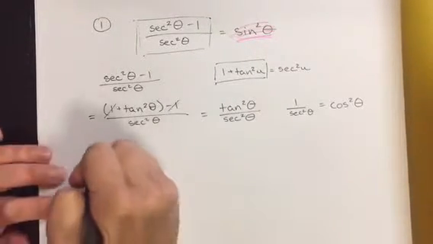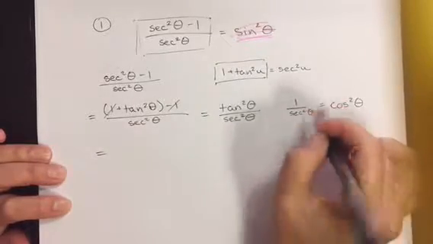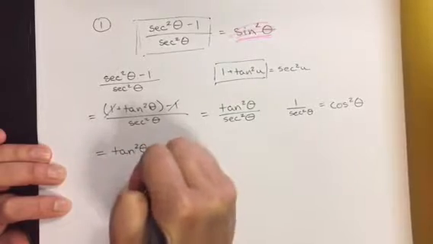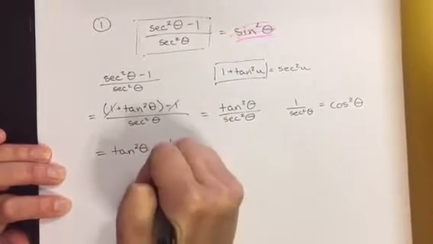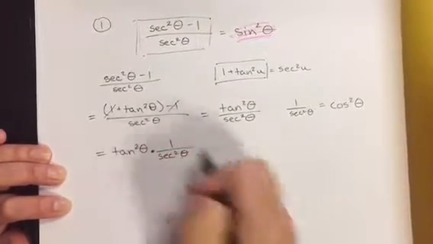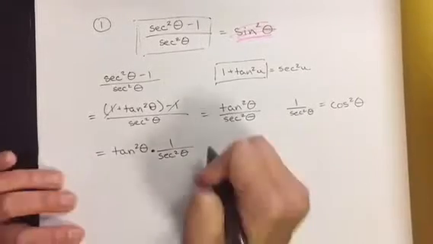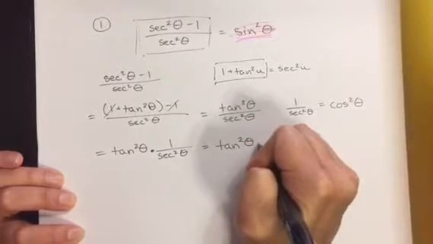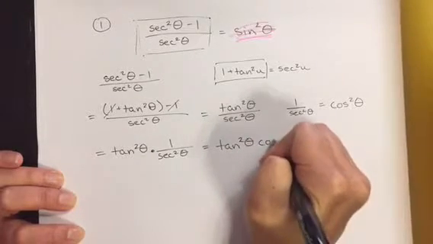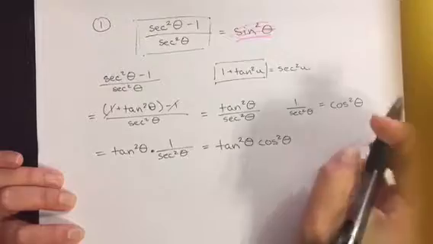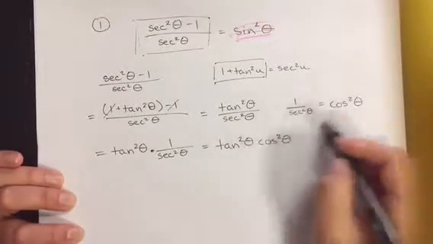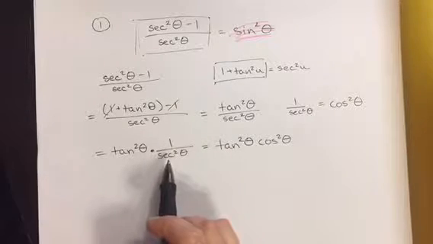So now again, I'm going to plug this in because, mind you, I really have tangent squared theta times 1 over secant squared theta if I separate that fraction. So that's going to become tangent squared theta times cosine squared theta. So I just used the reciprocal identity, and I plugged in cosine squared where 1 over secant squared was.